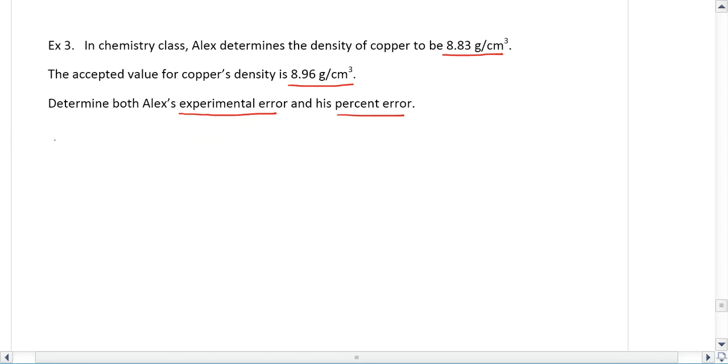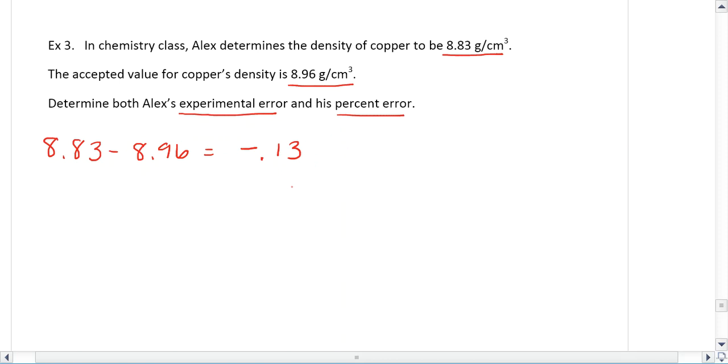So first we have to subtract 8.83 minus 8.96. And if you subtract these, you end up with negative 0.13 grams per cubic centimeter. Now, the negative sign is really irrelevant.